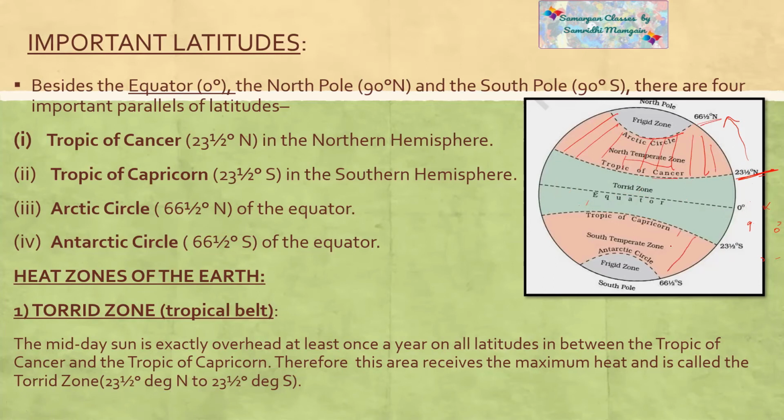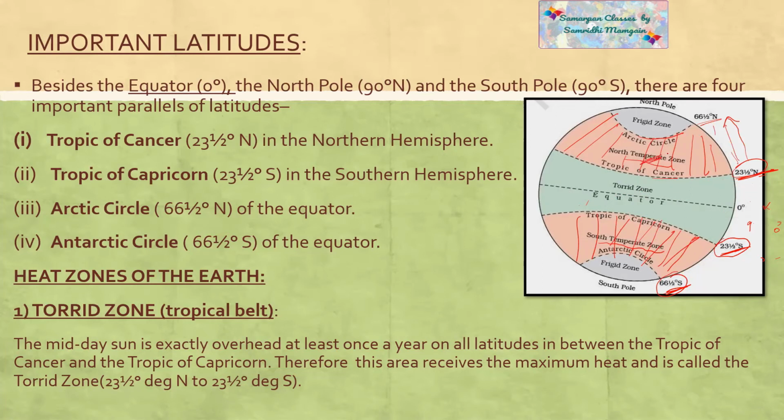Similarly, the area between 23.5 degrees south and 66.5 degrees south is called the South Temperate Zone. So you have to remember: 23.5 degrees south to 66.5 degrees south is temperate, and 23.5 degrees north to 66.5 degrees north is North Temperate.